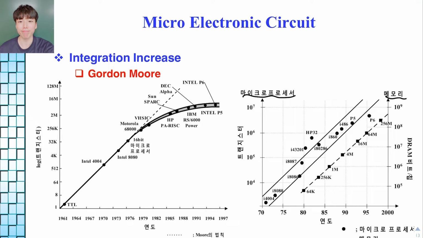We have three fields. First, more, and second is more than more, and third is beyond more.